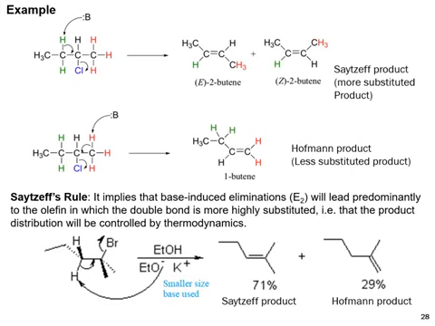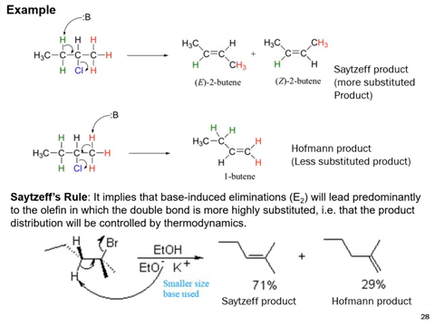In the second example, the base subtracts the proton from the terminal methyl, then it gives the terminal alkene. This is the less substituted product, and this is called the Hofmann product.